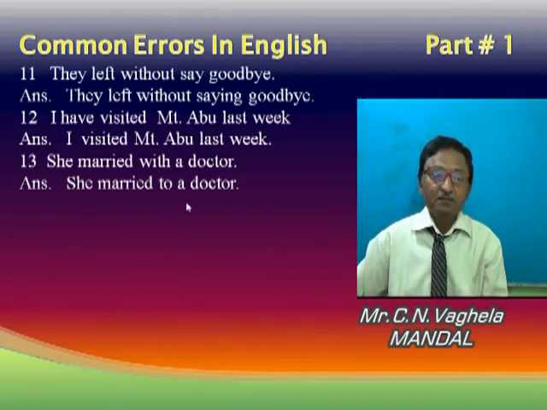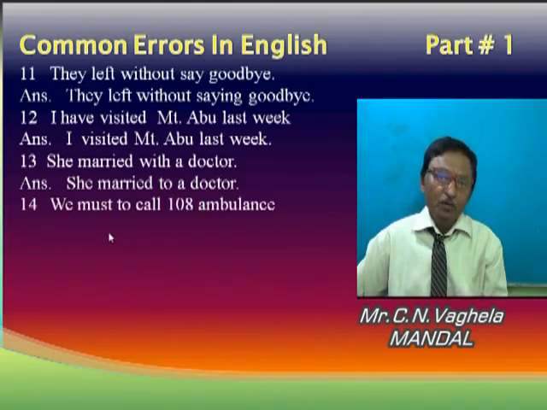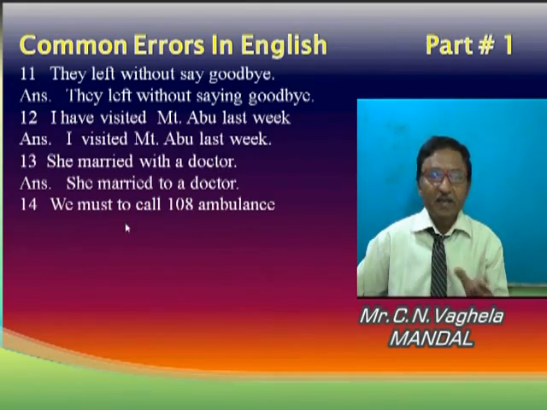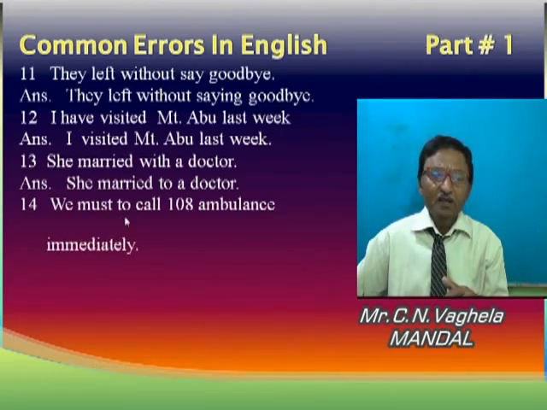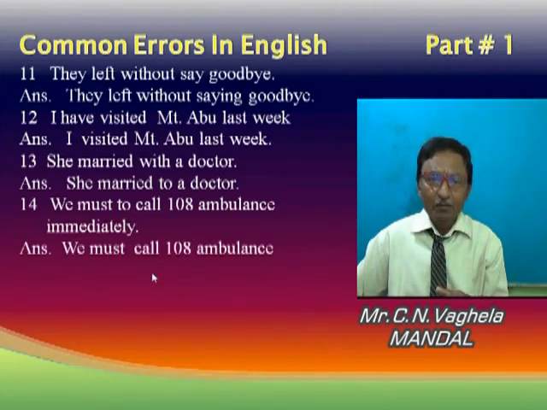That is the correct one. We must to call 108 ambulance. Dear friends, we never use to after auxiliary verbs can, could, shall, should, will, would. So here we have to remove to. Correct answer will be: we must call 108 ambulance immediately.